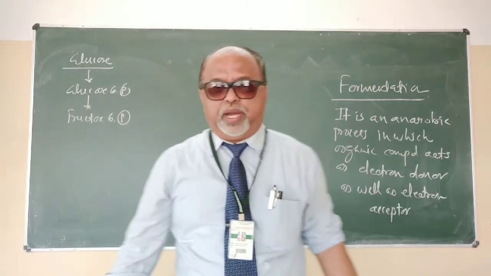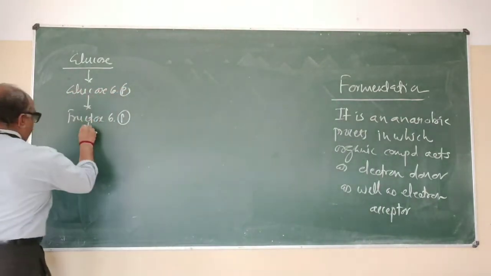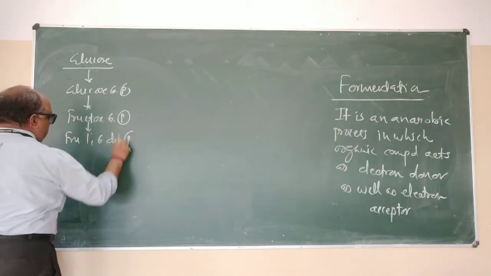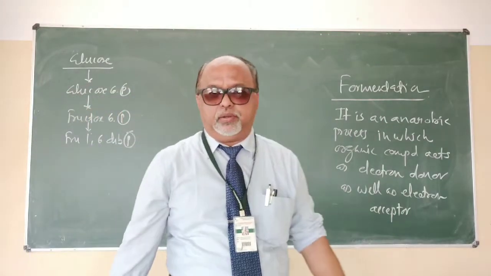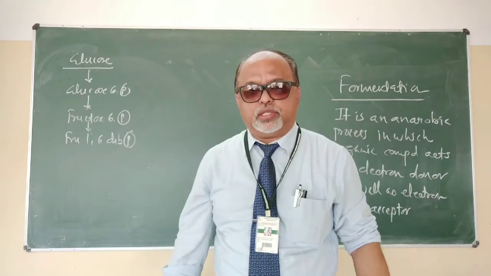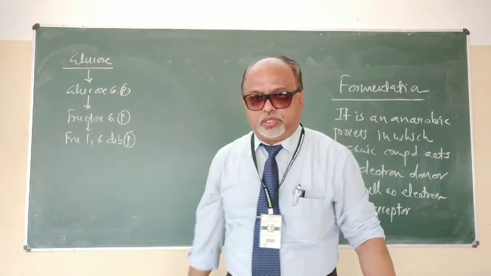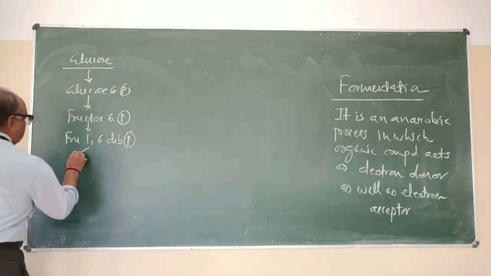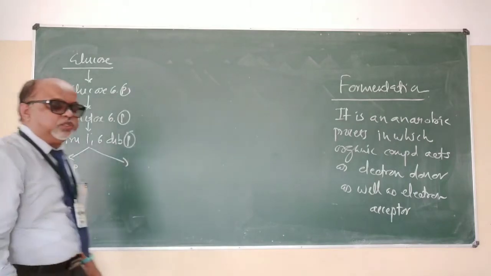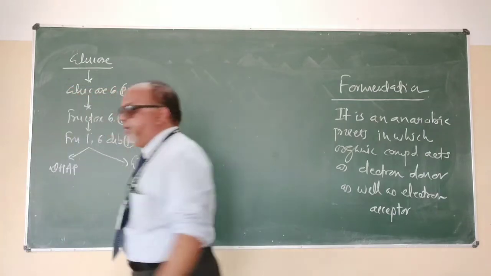Fructose 6-phosphate is again phosphorylated to fructose 1,6-bisphosphate. The splitting of this ring occurs in the next reaction by the enzyme aldolase, and it produces two 3-carbon structures: DHAP, dihydroxyacetone phosphate, and G3P, glyceraldehyde 3-phosphate.